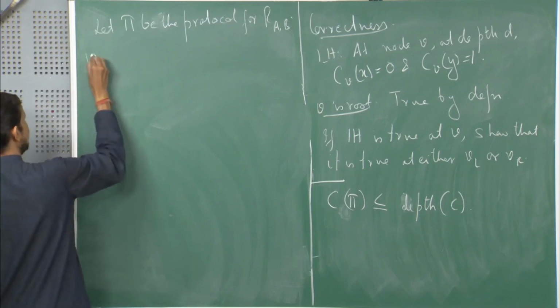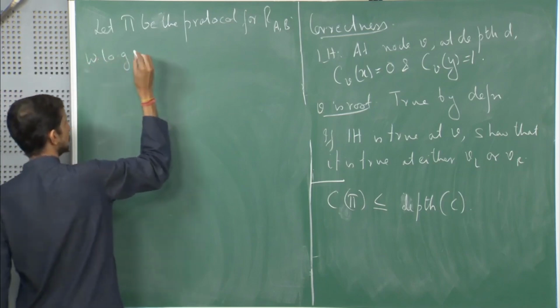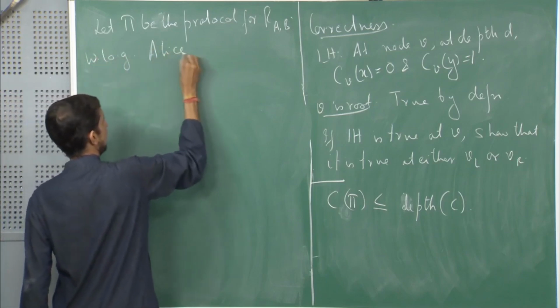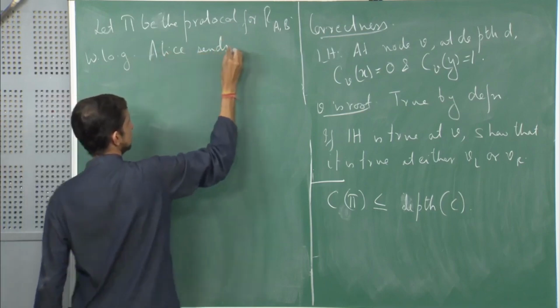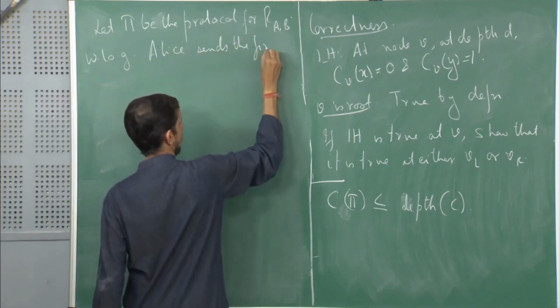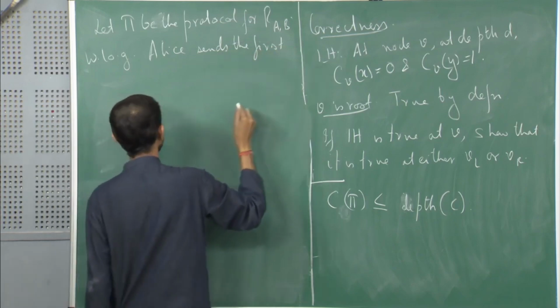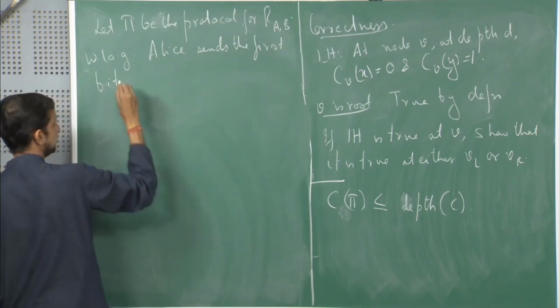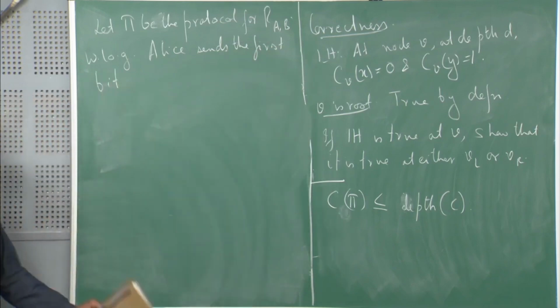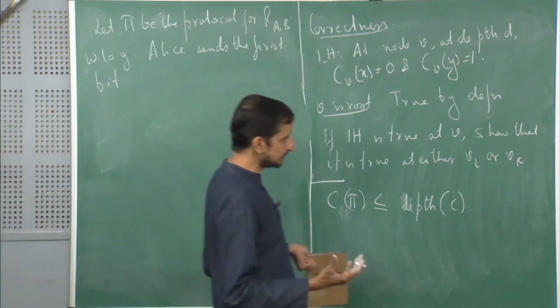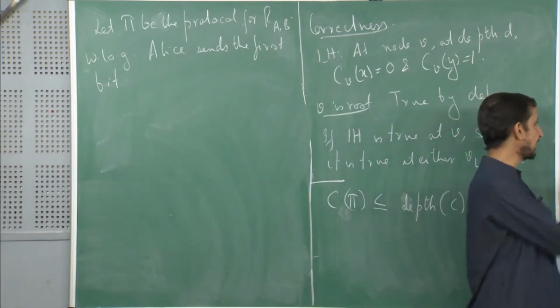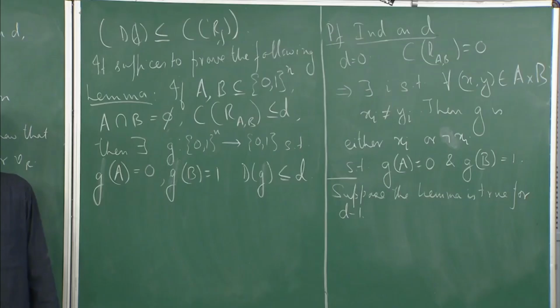Without loss of generality, suppose that Alice sends the first bit in this protocol. Either of the parties can send. Suppose it is Alice who is sending the first bit. Note that Alice has an element from A. So if Alice is sending a bit, what does that do to A?